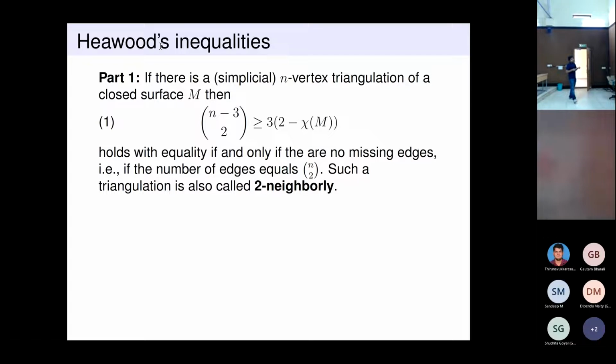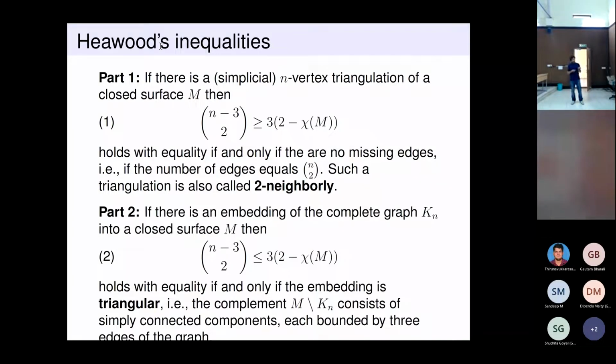So what is the minimum number of vertices you need to triangulate a surface? That is characterized. The lower bound is given in terms of the Euler characteristic of the surface, which is this, and this equality holds if any two vertices in the triangulation have an edge, right?